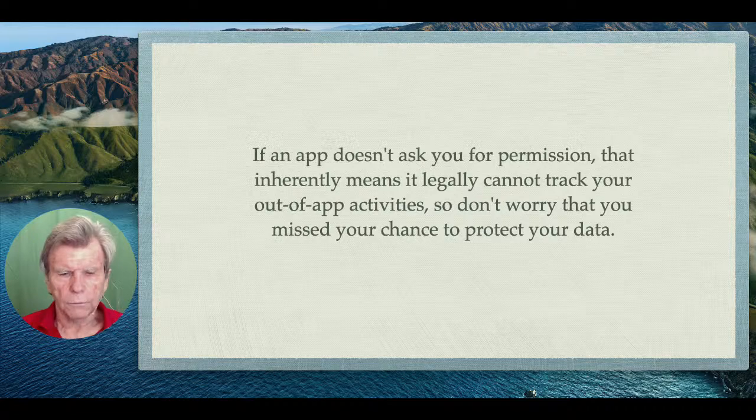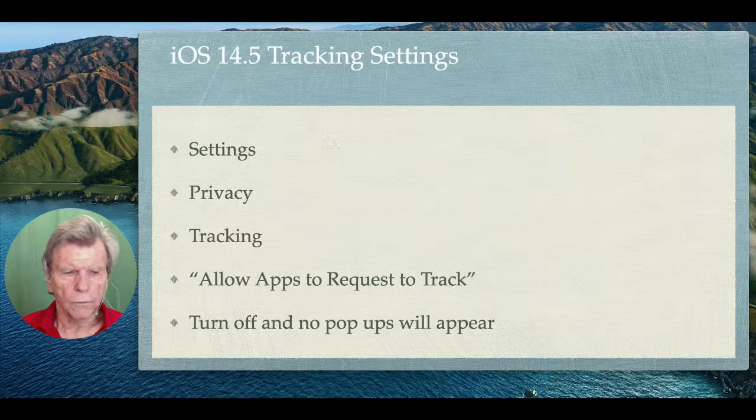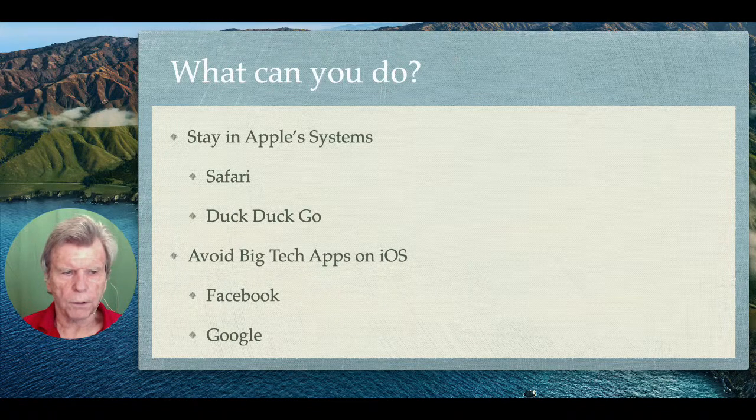That is clear. So again, to review how you set that up, you go to Settings, then Privacy, Tracking, and then you keep allow apps to request to track off, which means no apps will track you, and no pop-up should appear.